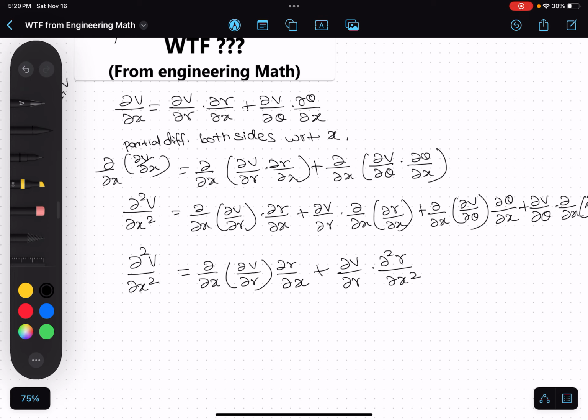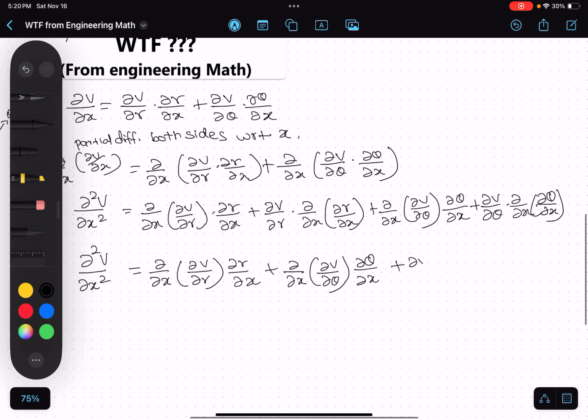Let me write it later on. First of all, let me write the third element, this one, partial by partial x of partial b by partial theta times partial theta by partial x. And let me write the other remaining ones: partial b by partial r, partial square r by partial x square, plus partial b by partial theta, partial square theta by partial x square.